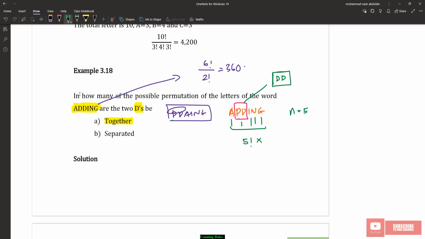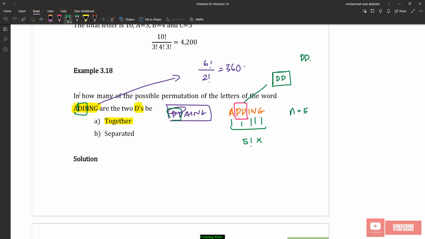It can sit in front, it can sit beside A, it can sit beside I. It can move around. Right? So we need to multiply by the number of permutations of the double D itself.